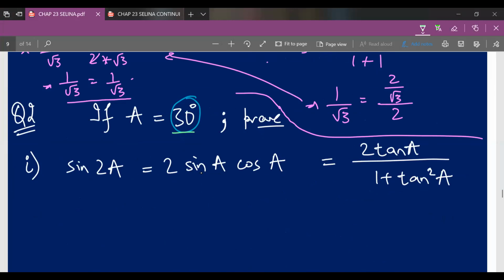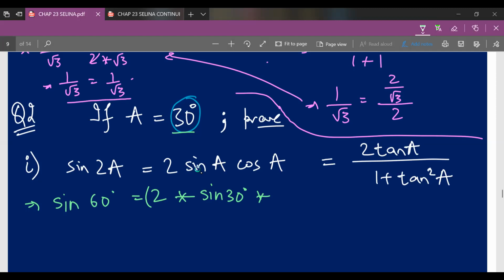So first of all, we'll try to solve sine 2A. Now over here, sine 2A, A is equal to 30 degrees, so therefore sine 2A, that is sine 30 into 2, will be sine 60 degrees, is equal to 2 sine A. Now this will be translated into 2 into sine A, that will be sine 30 degrees, into cos A, which will be cos 30 degrees. There's no symbol here, so it means that there's a multiplication symbol in between them.